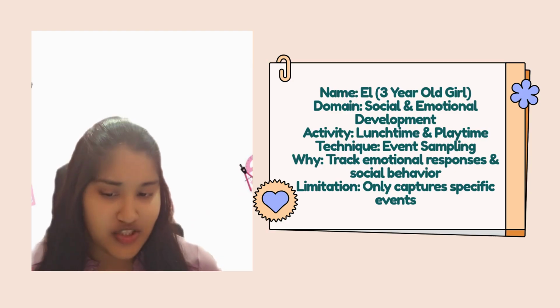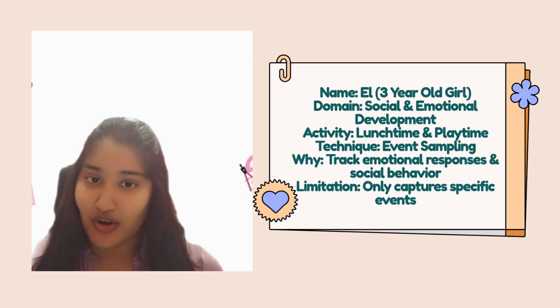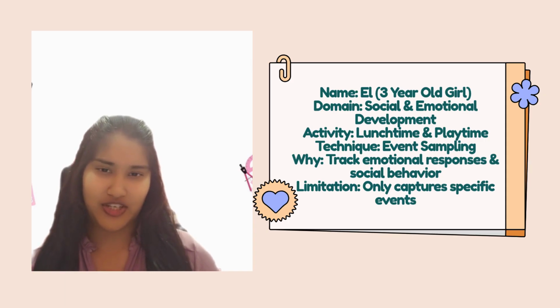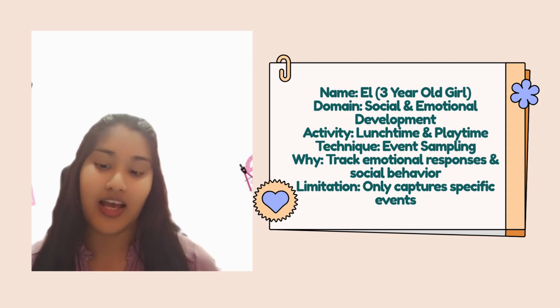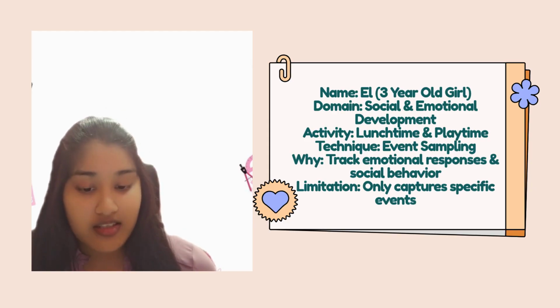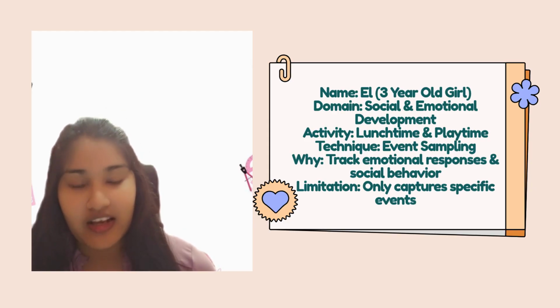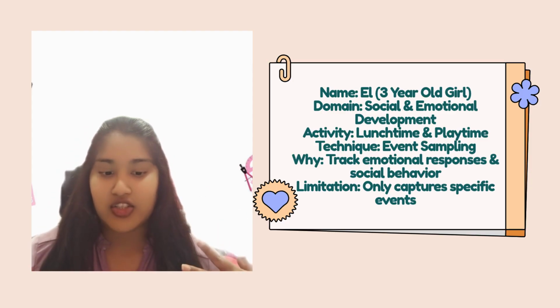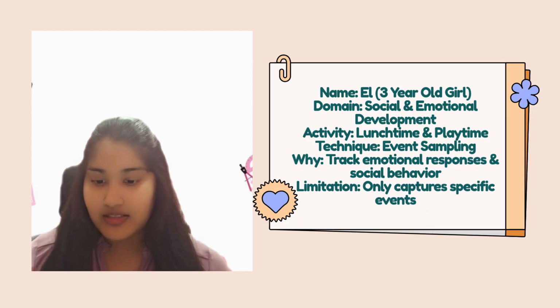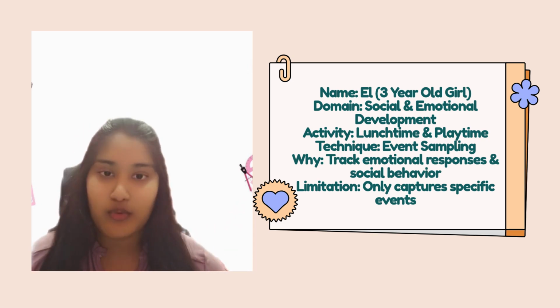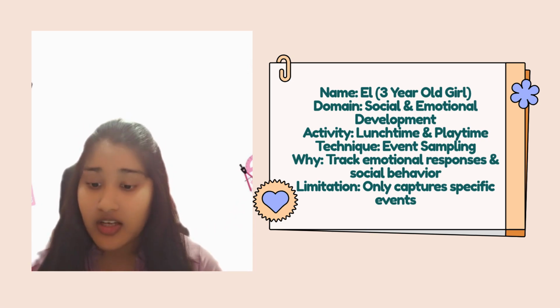In terms of limitations, one limitation of event sampling is that it only captures specific behaviors at the moment that they happen or occur. As a result, it may not provide a complete picture of the child's overall development, since other behaviors outside of those recorded moments may not be involved.